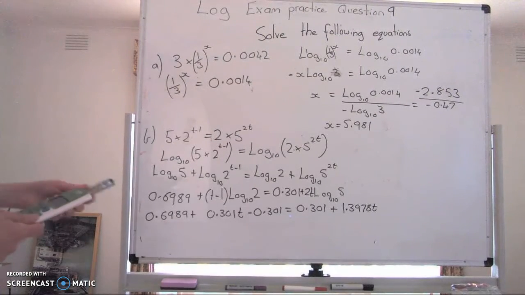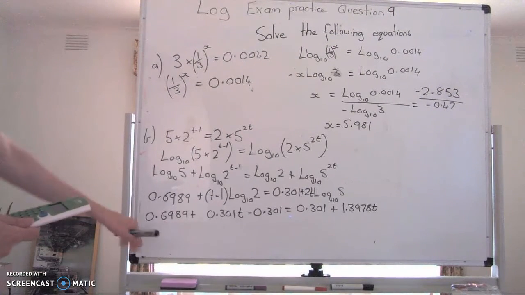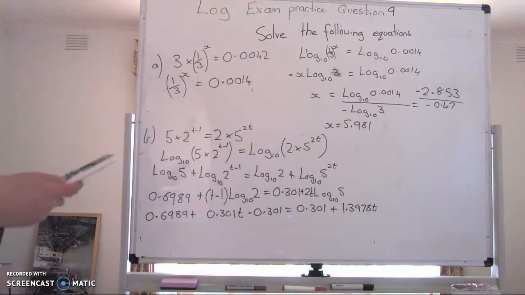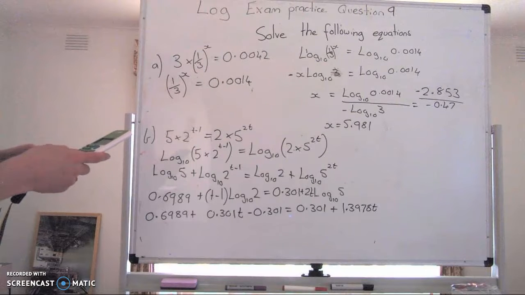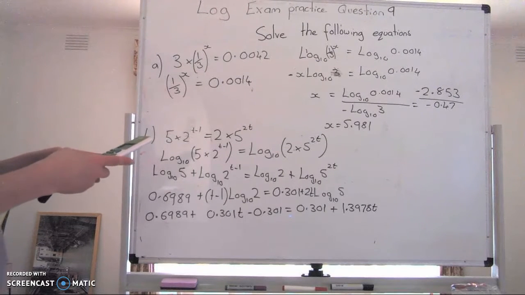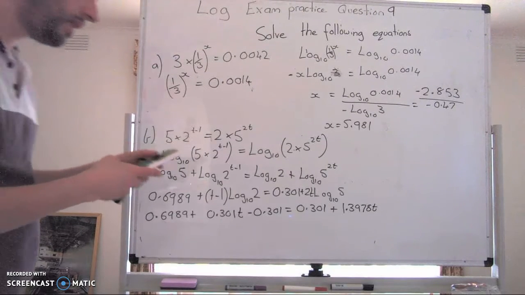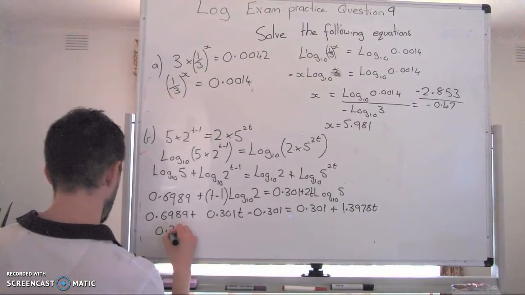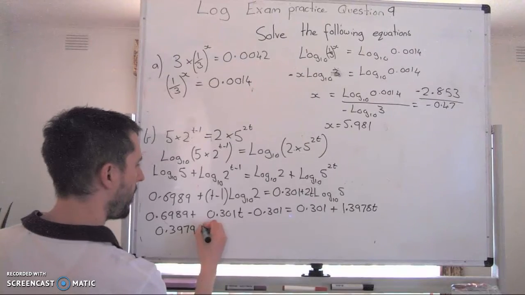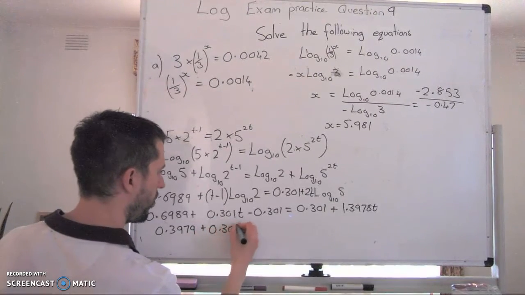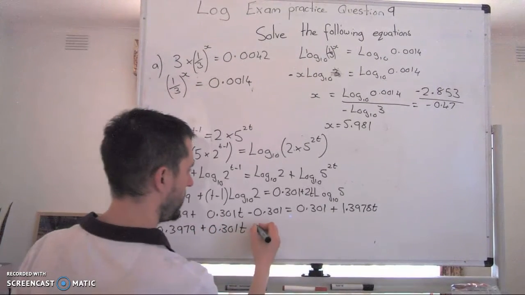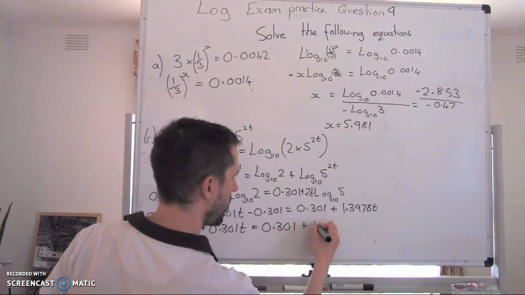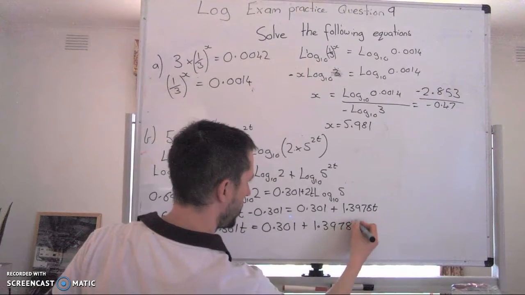So to start off, I'm looking at what I can do to simplify it first. So I've got 0.6989 and I can take away 0.301. So 0.6989 take away 0.301 gives me 0.3979 plus 0.301t is equal to 0.301 plus 1.3978t.